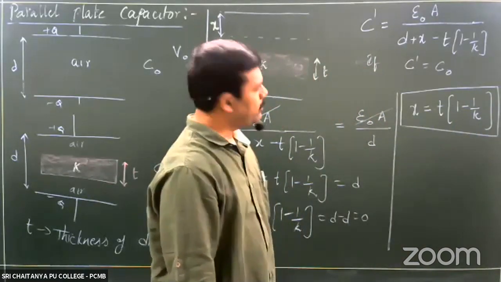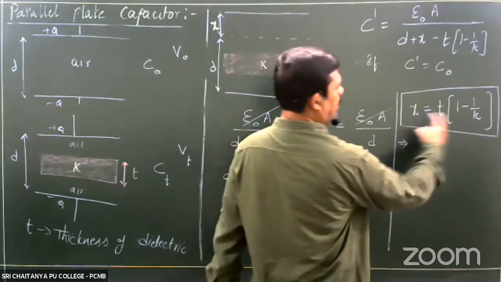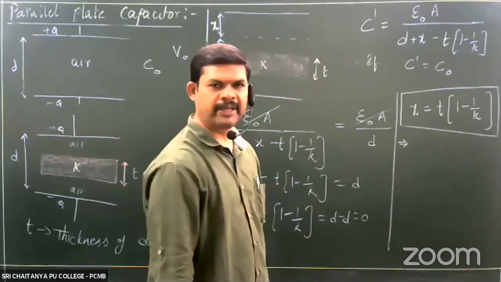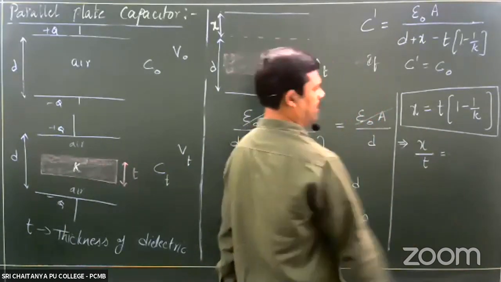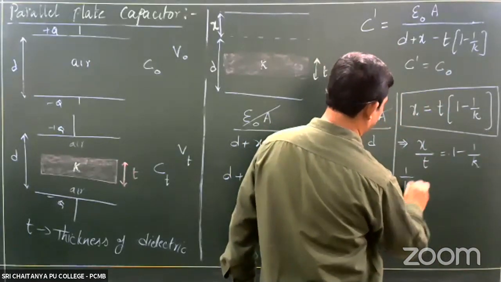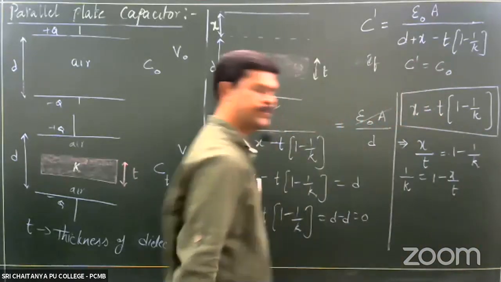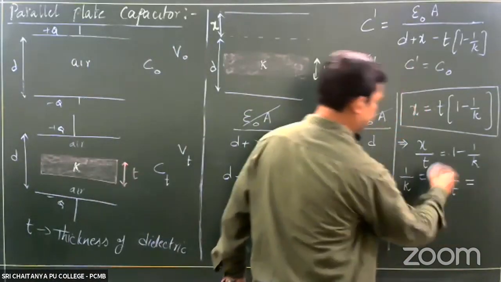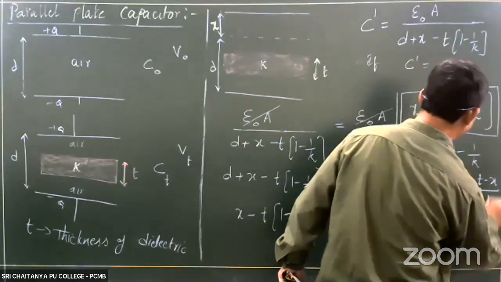Right. In the same question, they ask, what is the value of k in terms of x and t? Can't we find? See here, x by t is 1 minus 1 by k. So 1 by k is 1 minus x by t, which is t minus x by t.